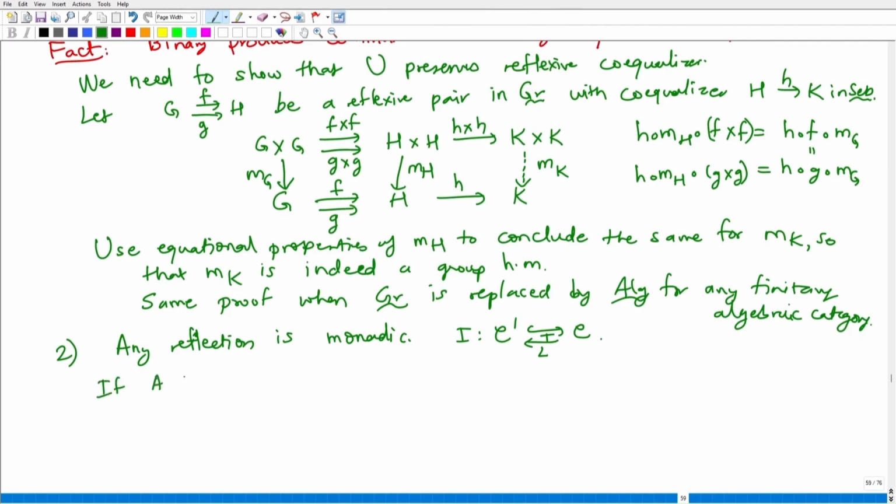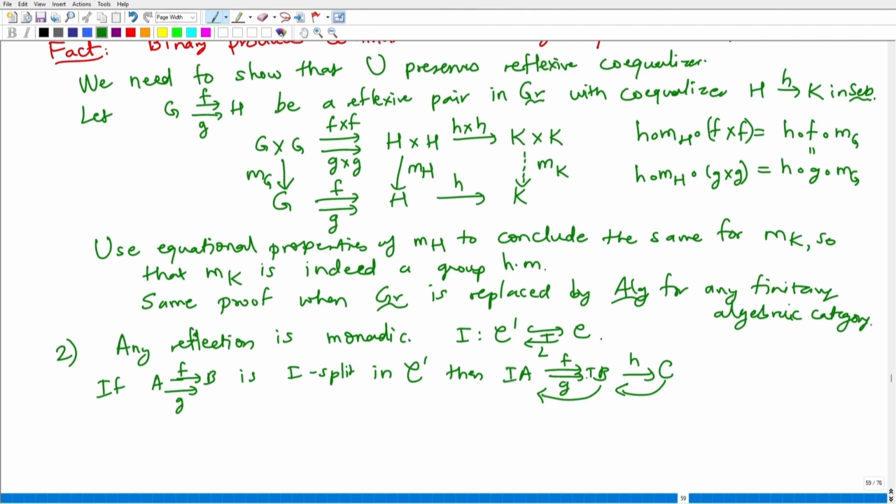So if A to B, F and G, is I-split in category C prime, what does I-split mean? Once I embed it inside and map it into the target category, then the diagram has a split coequalizer. Okay, we have seen the definition of split coequalizer.